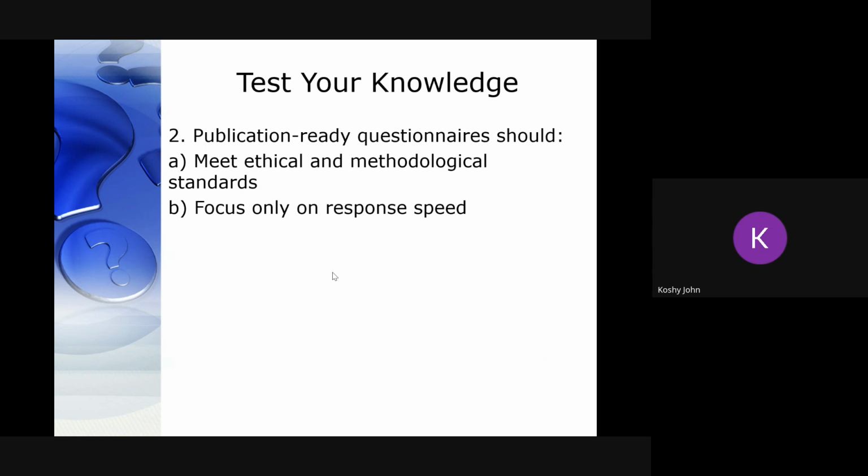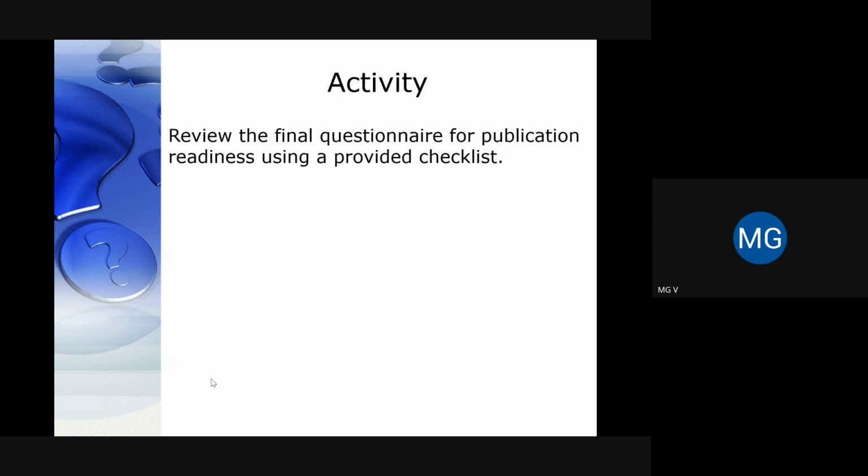Meet ethical standards. Right. Meet ethical and methodological standards. Now we can perform an activity. We can review the final questionnaire for publication readiness using a provided checklist. Can anyone mention what should be the elements in the checklist?